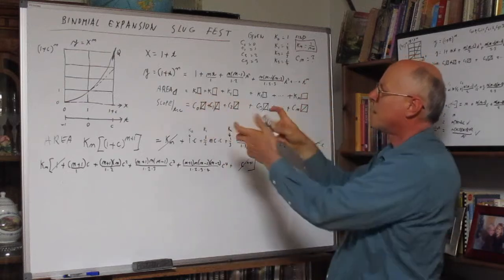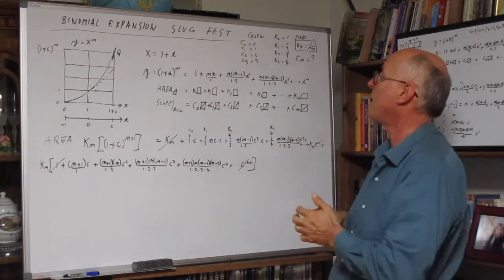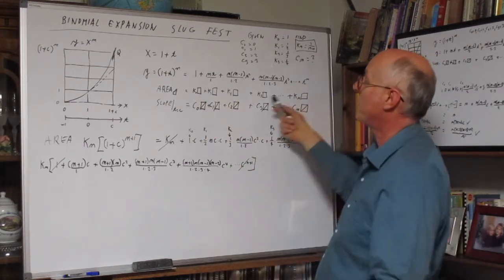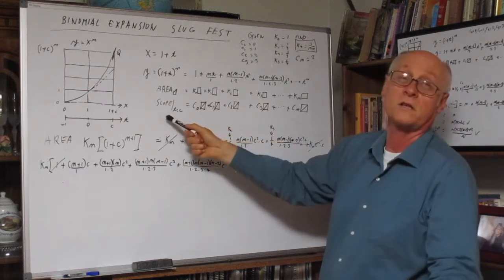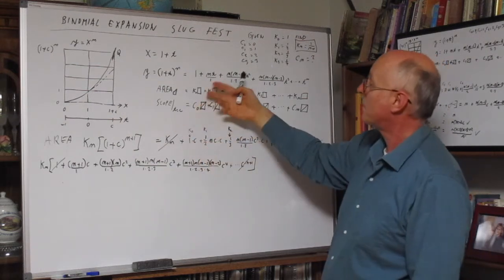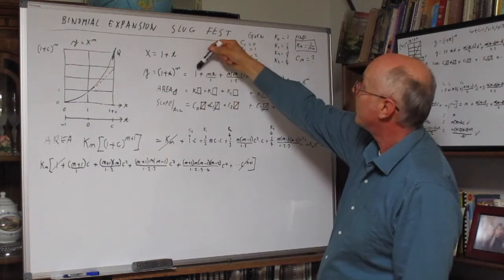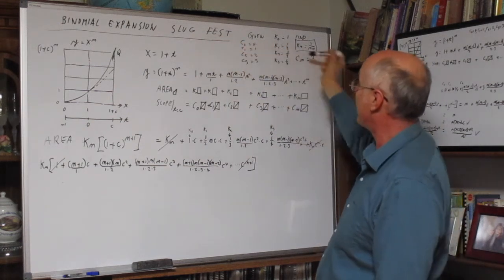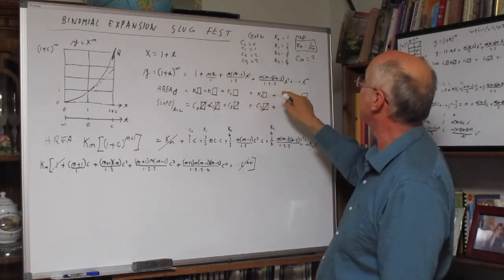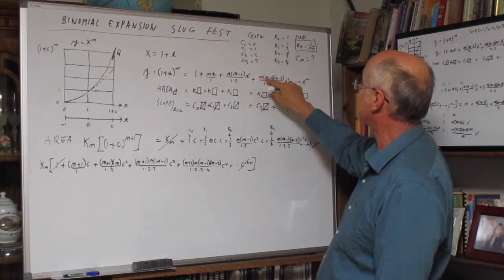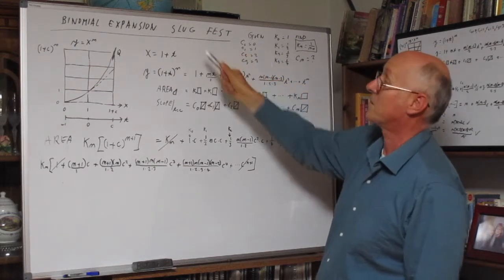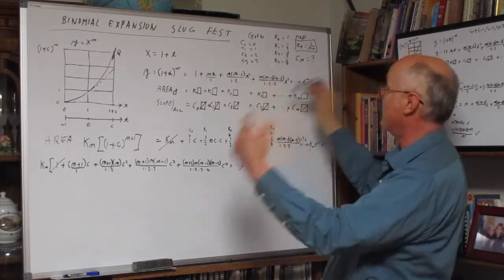You can see a great similarity between the way the area works and the way the slope works. These are basically your box operators on these functions, and the coefficients are determined by this formula. That's why we call it a Slug Fest, because there's a lot of them.